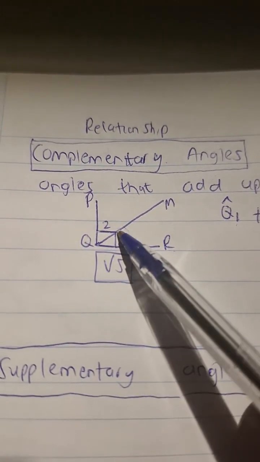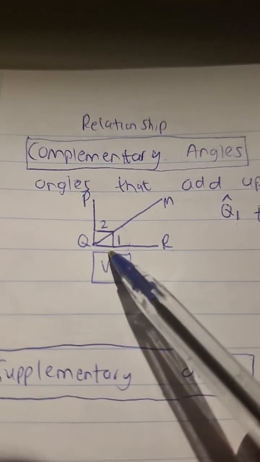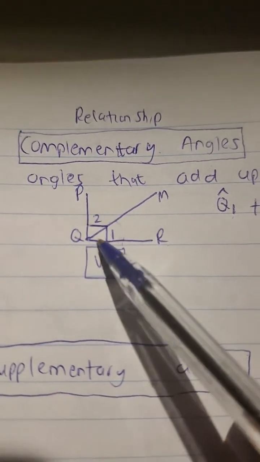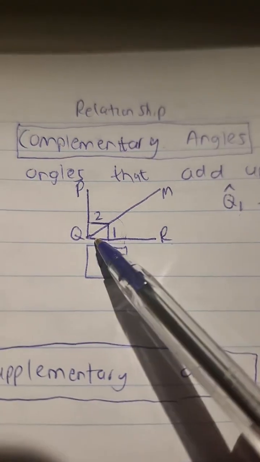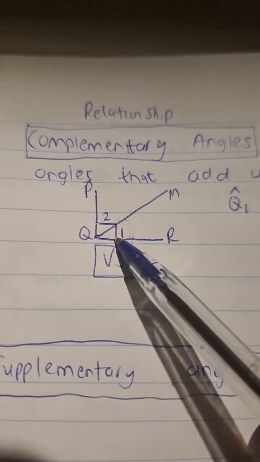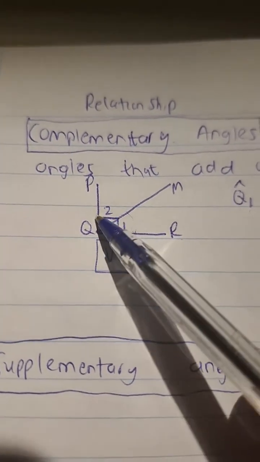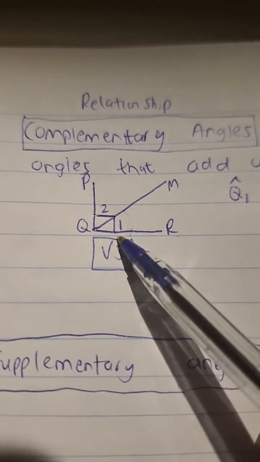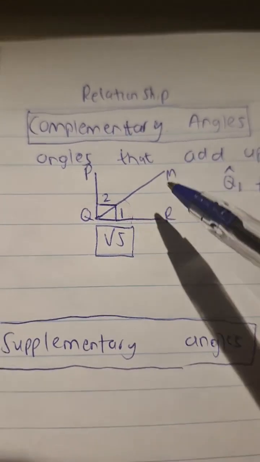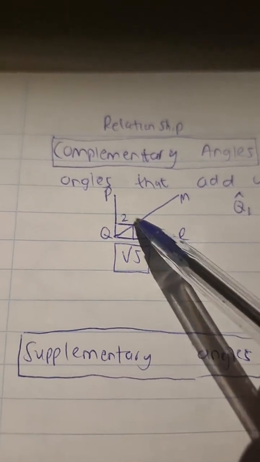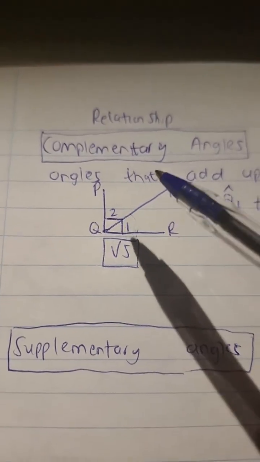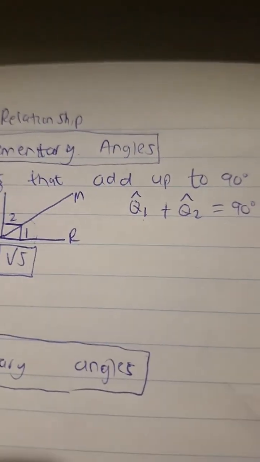Remember this box here stands for PQ being perpendicular to QR. In other words, this angle PQR is a right angle, and it's 90 degrees. So we can say angle Q1 plus angle Q2 is equal to 90 degrees.